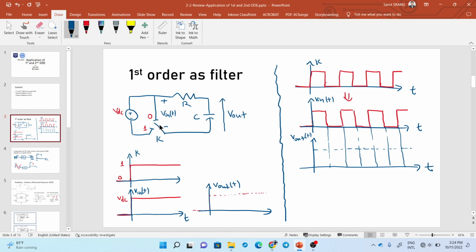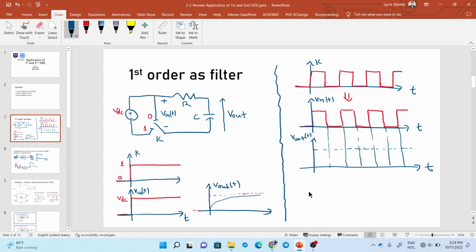And then the switch K is switched to 1 here, which means you supply DC voltage to the system, and you start to set the timer. So the time counts from 0 here, where K is 1. And then the input of the system would be a constant at value VDC. And the output of the system would be something like this.